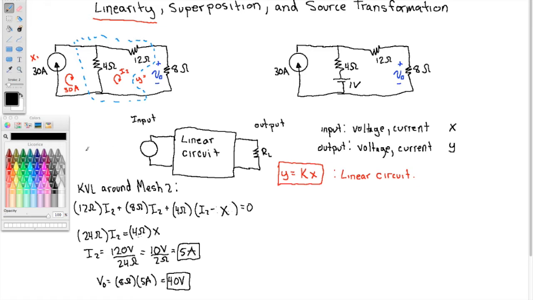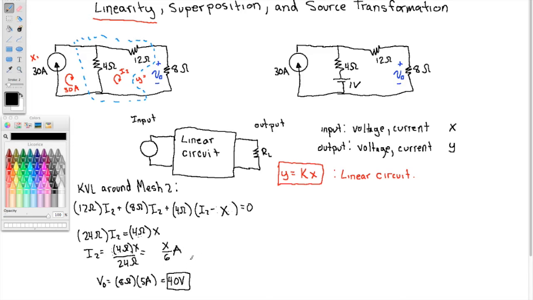Now I don't have 120, I have the 4 ohms times X. And so I don't have 10 over 2 anymore. In fact, I'm just going to erase this. What I do have is 4 over 24, so that's X over 6 amps.